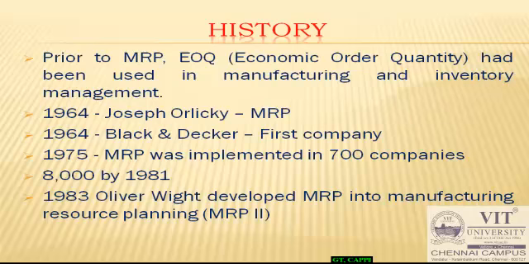MRP2 is an extension of MRP. Some input we have taken from the MRP output, and that output is fed back to the MRP2 software. Then we can plan according to our resources and our capacity.